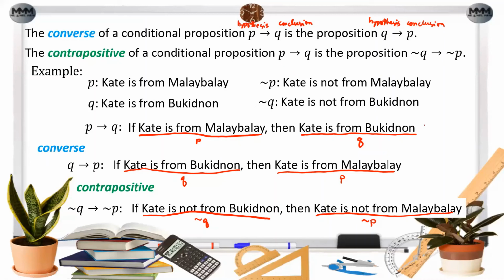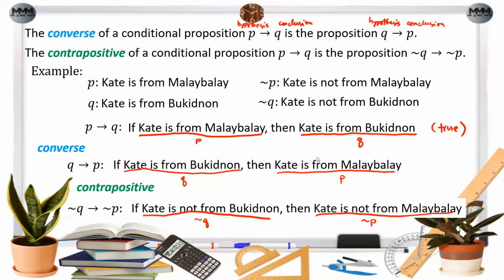Therefore, this proposition is true. Now, let us try to determine the truth value of our converse. So for the converse, we have here, if Kate is from Bukidnon, then Kate is from Malaybalay.